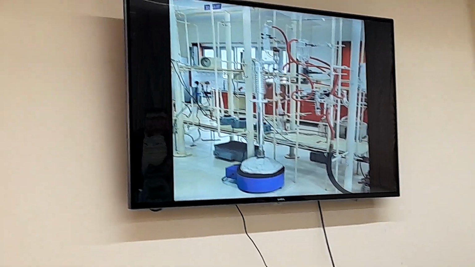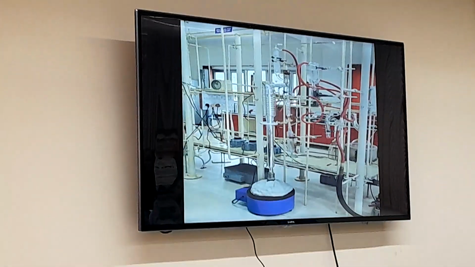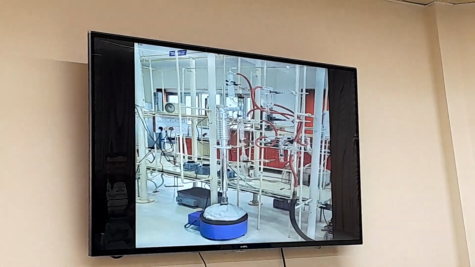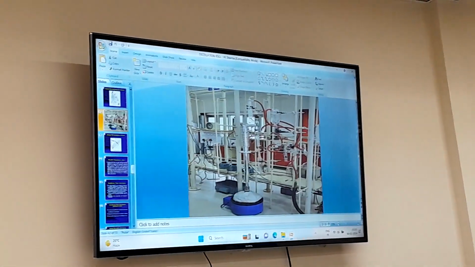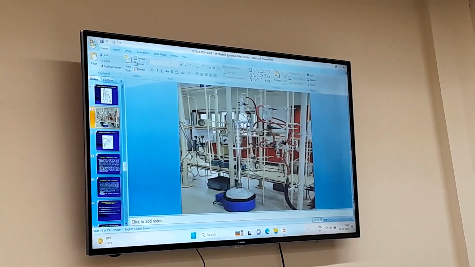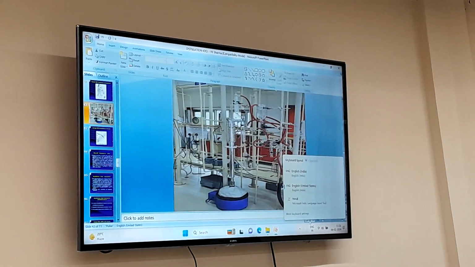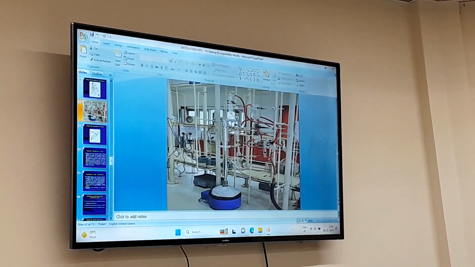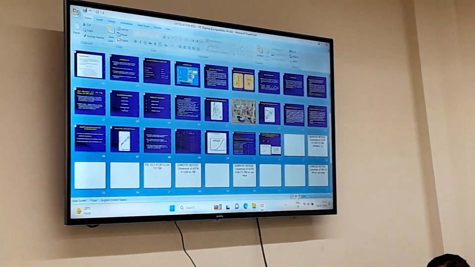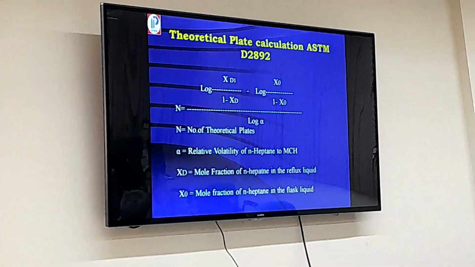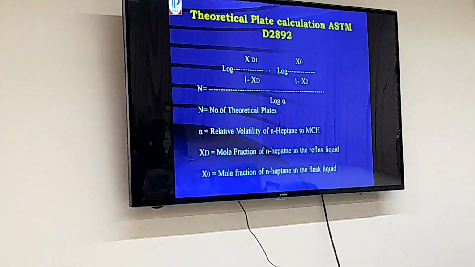Using the formula, you can calculate the number of theoretical plates. Alpha is the relative volatility, discussed earlier.